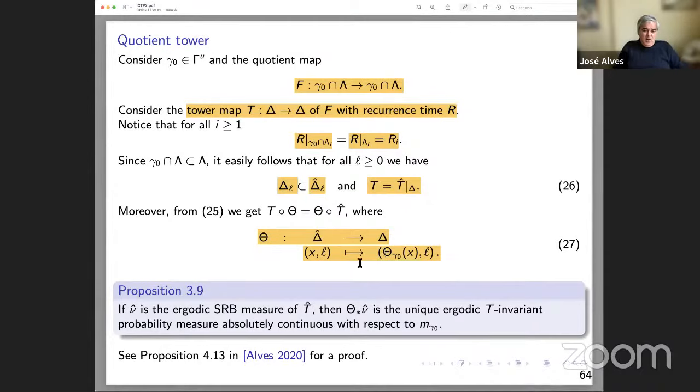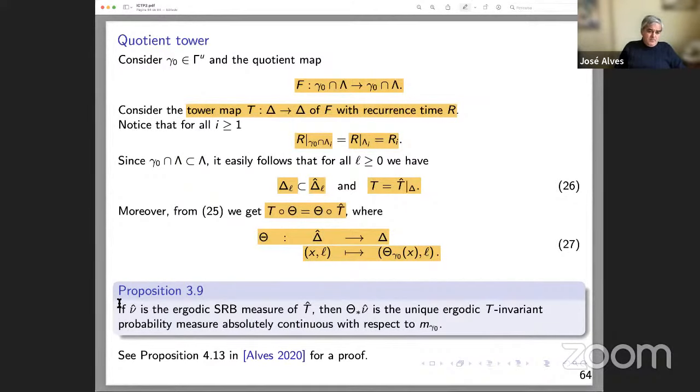See, the towers are essentially, in higher levels, copies of lambda. So what we are doing here is, in the second coordinate, we don't do anything. The second coordinate is the L here. In the first one, we simply collapse to the leaf gamma 0. And that's it. It is very natural to obtain this semi-conjugacy property.